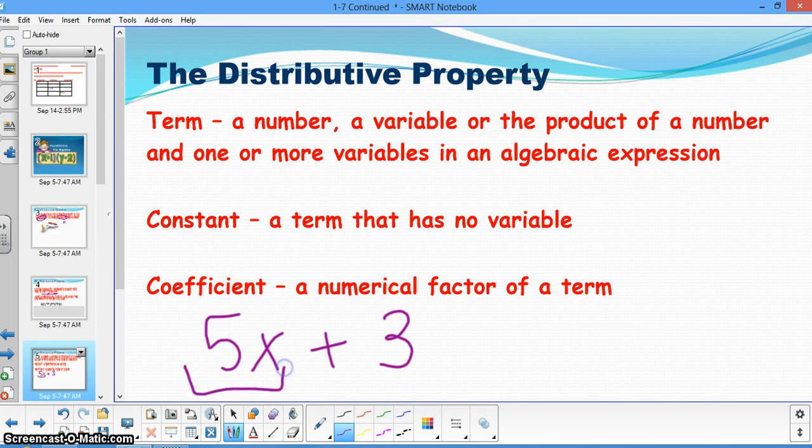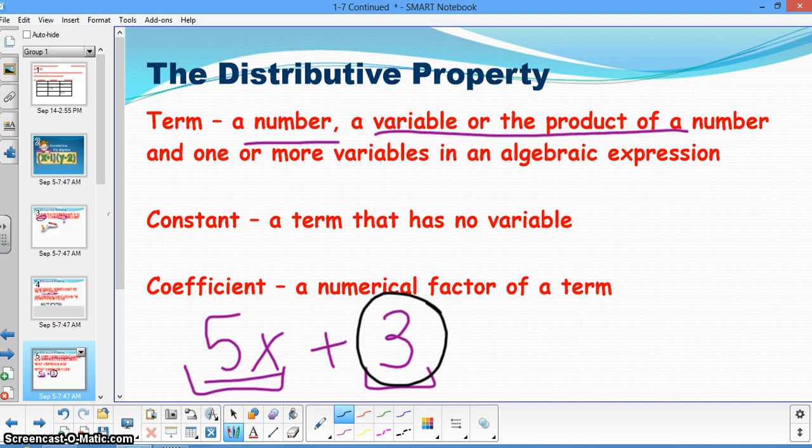Each of these individually are terms, numbers, or numbers and variables. So these are terms. However, a constant is the one that stands alone with no variable. 3 will be the constant. And then the coefficient is the number only that is in front of the variable.